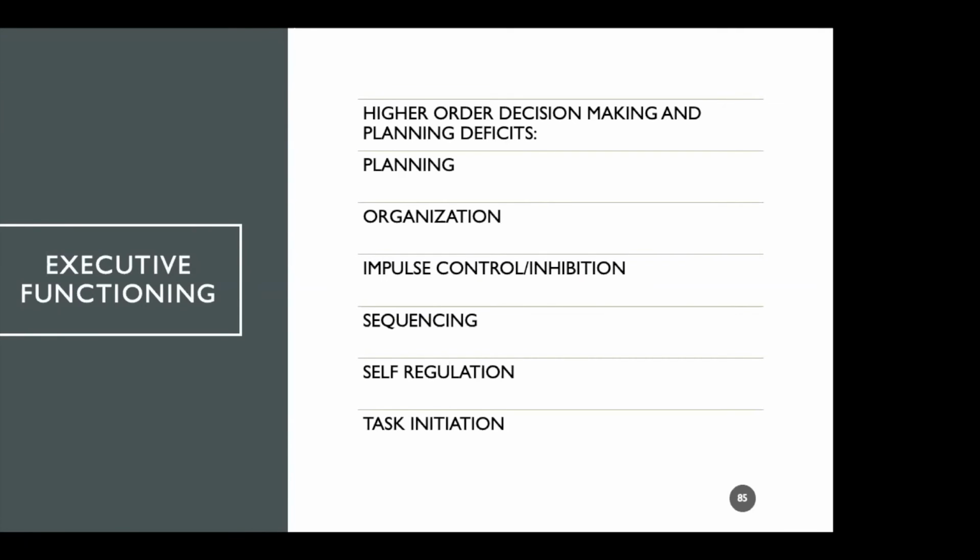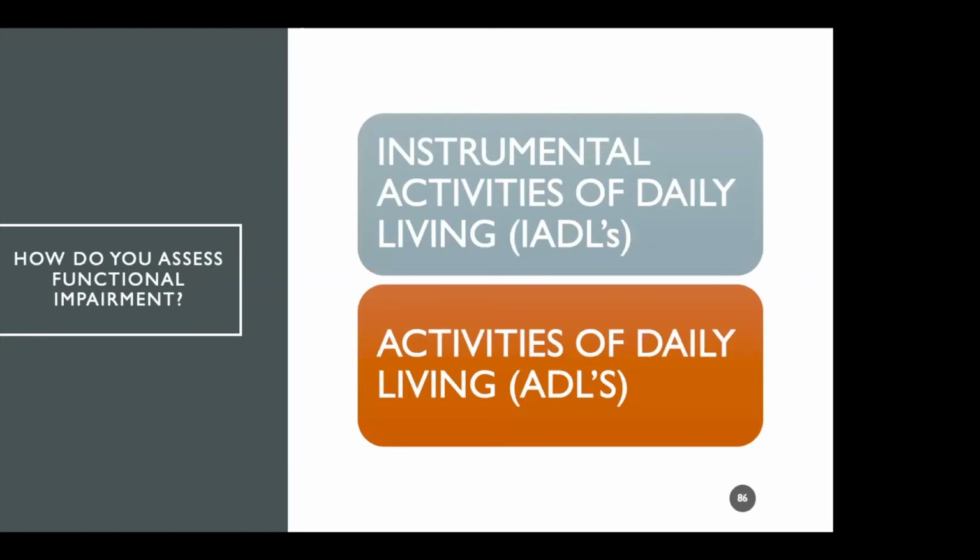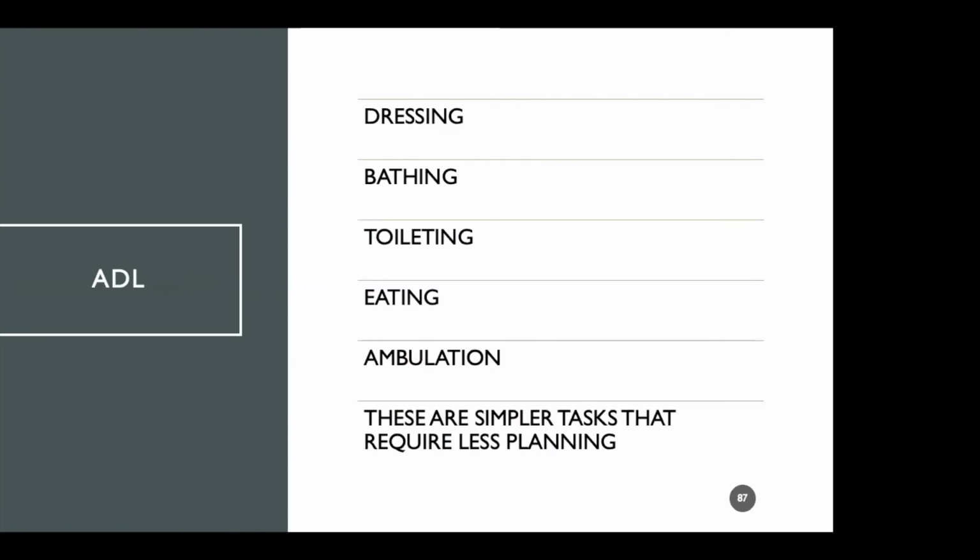Next slide. And so how does it impact your functioning when you have a dementia? It impacts your activities of daily living and your instrumental activities of daily living. So next slide. ADLs are your ability to dress, bathe, toilet, eat, ambulate. These are simpler tasks that really require less planning.